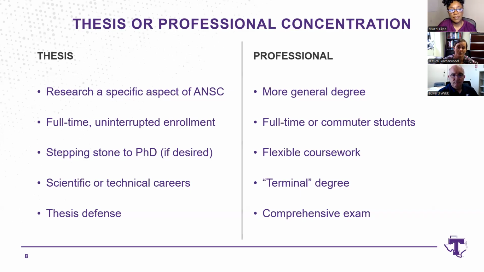If your long-term goal is to perhaps continue on to a PhD, this is the route that we would suggest, to do a thesis in order for you to be marketable for potential doctoral programs. This is typically focused on more scientific and technical careers.